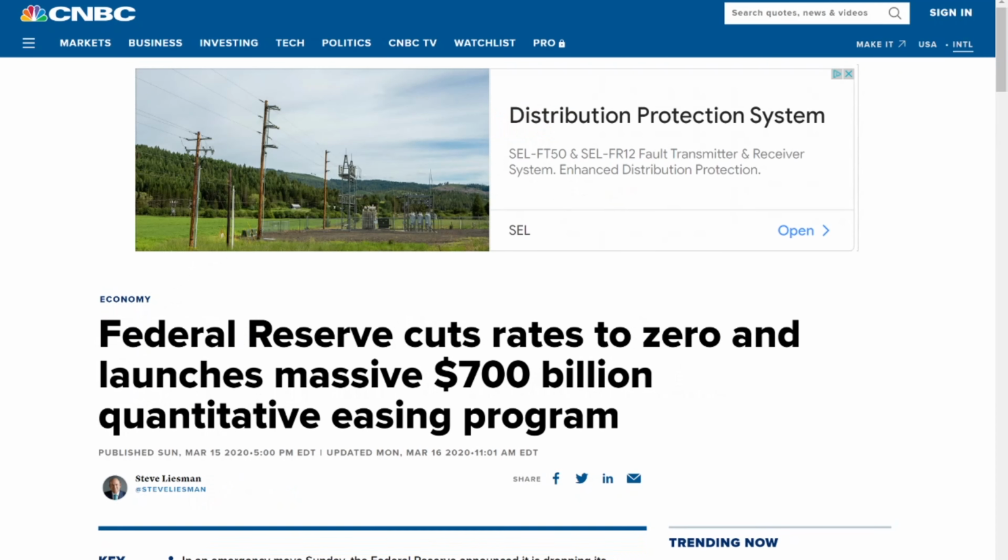Now, on the 15th of March 2020, the Fed cut their rates to 0 and then launched a $700 billion quantitative easing program. Obviously, we understand that this was due to the global illness and businesses were shutting down.